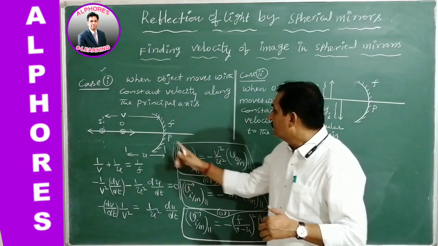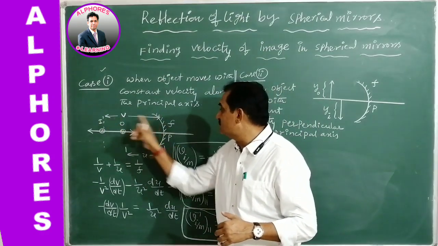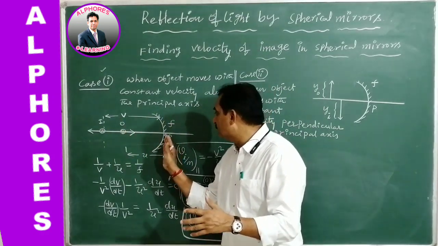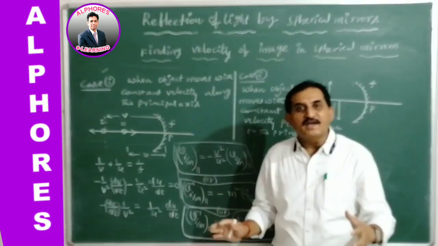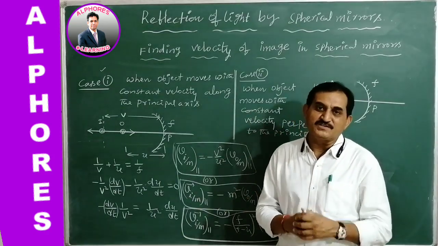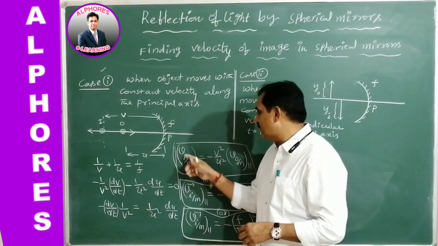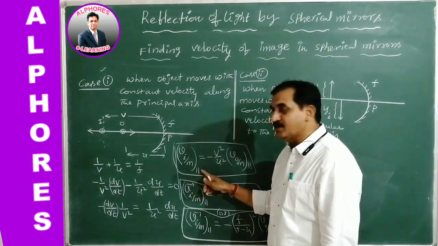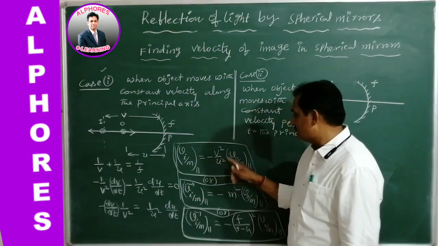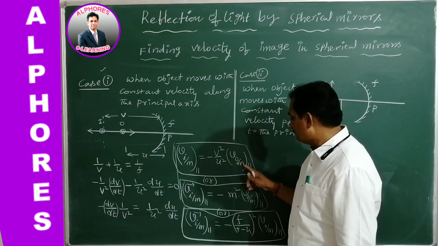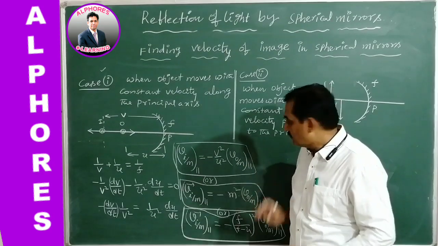Why? Because object distance, image distance, focal length, all are taken from the mirror, taking the mirror as a reference. Therefore, we are taking the velocities with respect to the mirror parallel to principal axis, that is minus v square by u square, object with respect to mirror parallel, right?